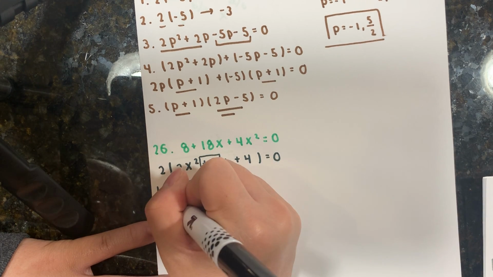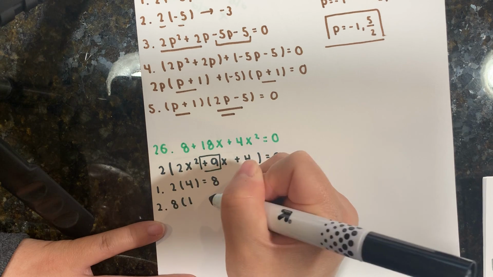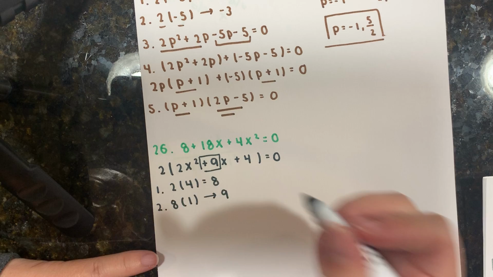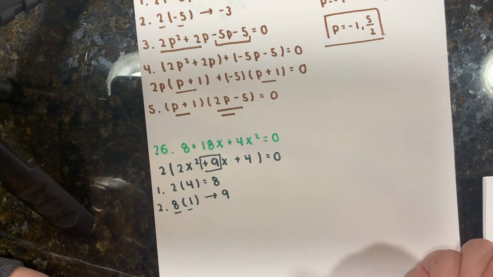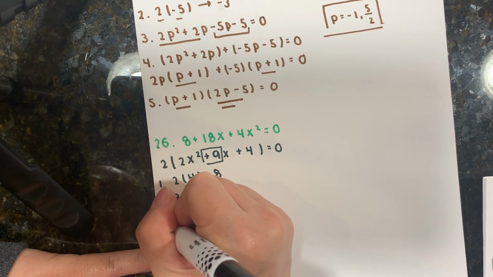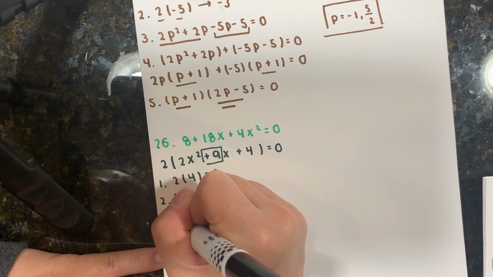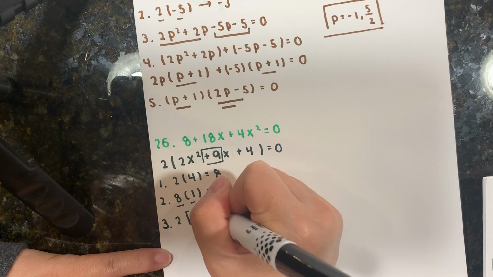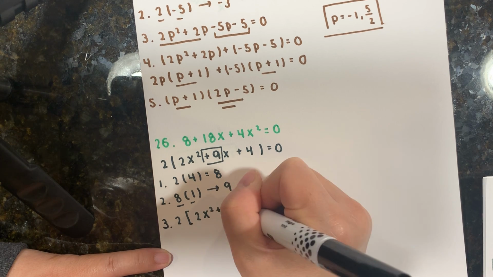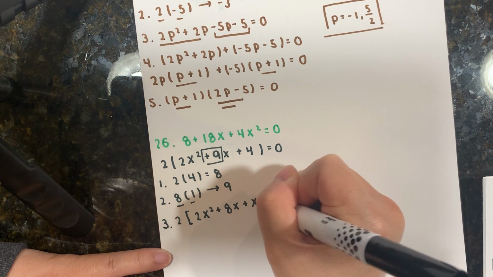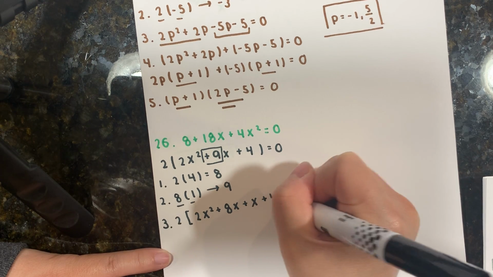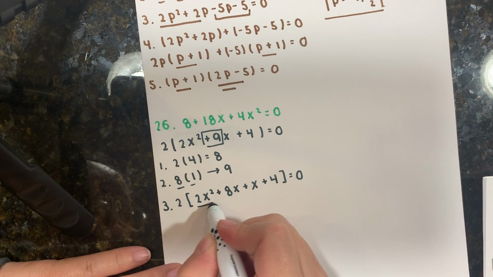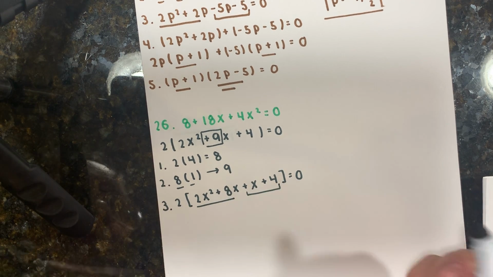That should be easy because 8 times 1 equals 8, but that adds up to 9, which means the 8 and the 1 are going to replace the 9x. So for step 3, I would have the 2 on the outside, and then I have 2x squared plus 8x plus x plus 4 equals 0. We're going to put these in parentheses and then these in parentheses.